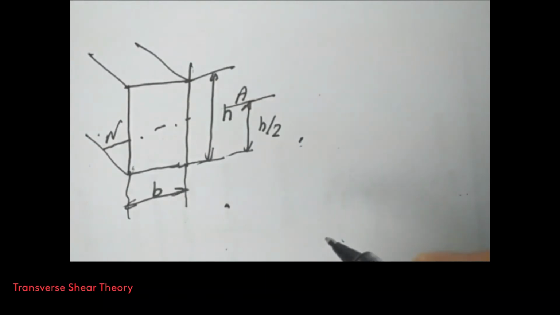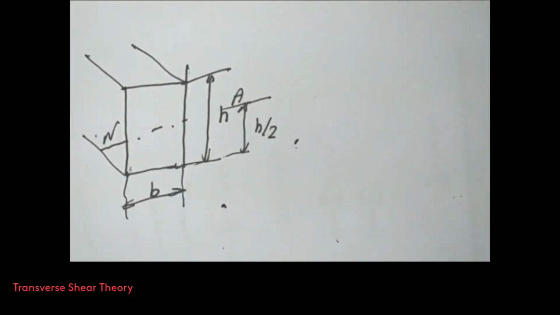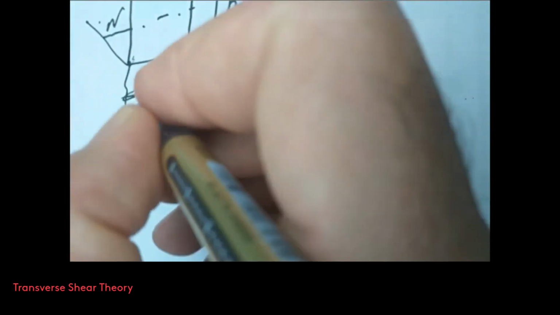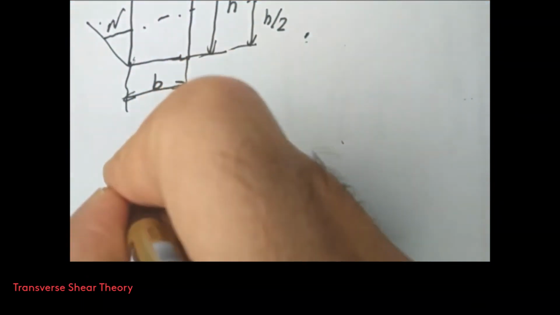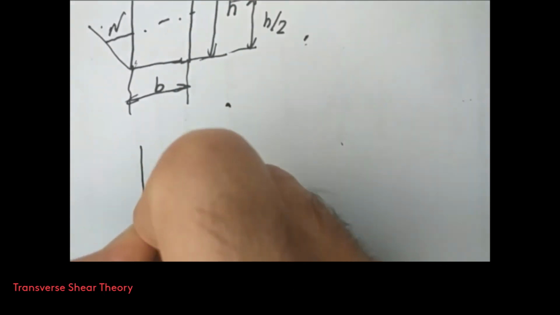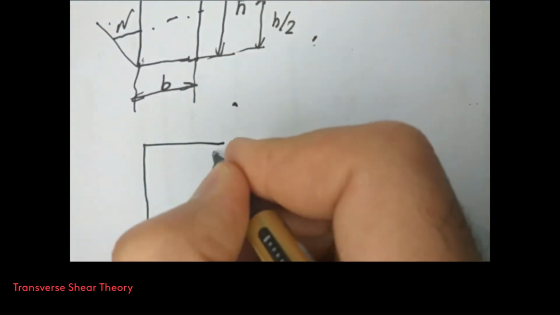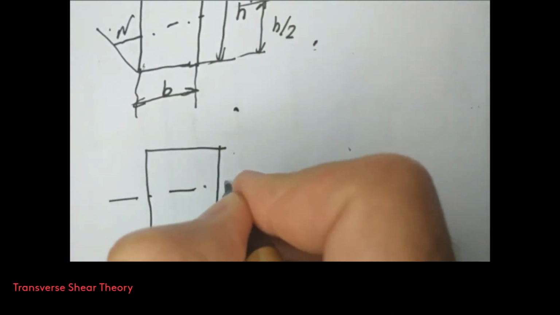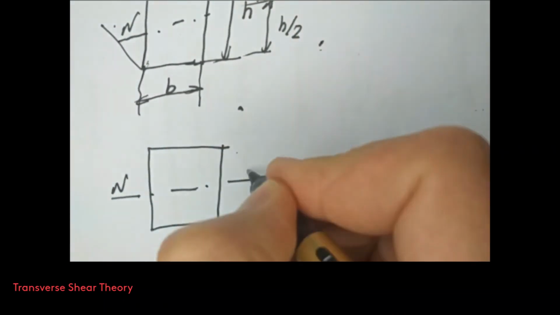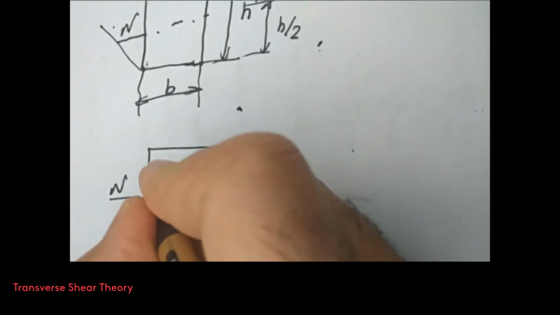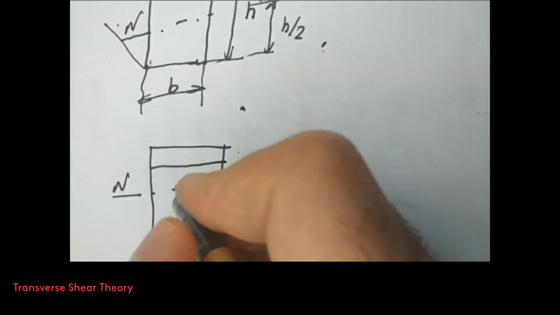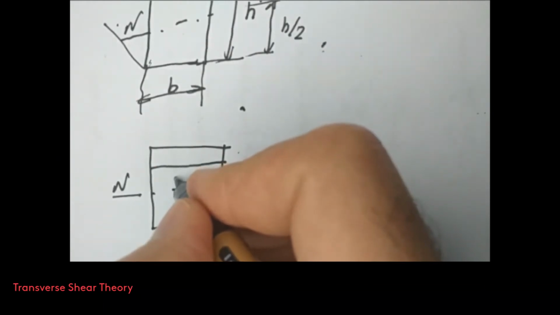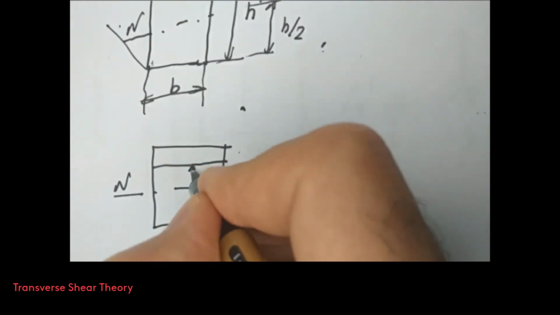So let me draw this rectangle once more. So this is our cross section. This is where the neutral axis is located, and we want to determine the stress at y.